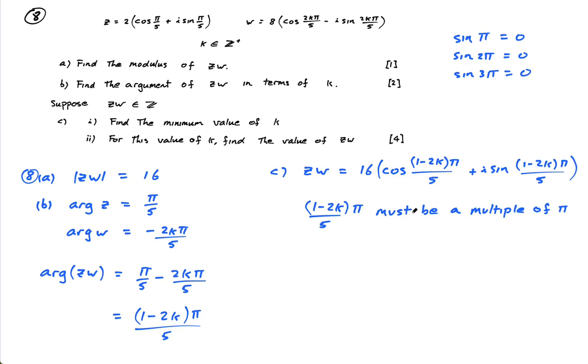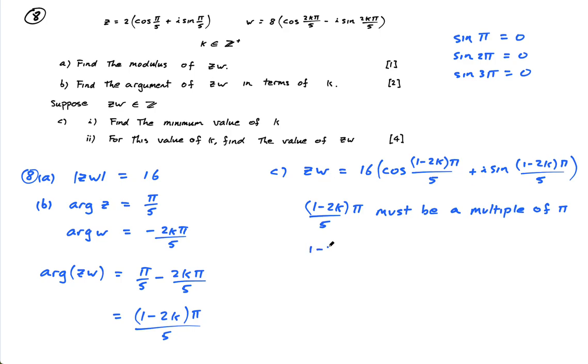So this has to be a multiple of pi, which means 1 minus 2k must be a multiple of 5.